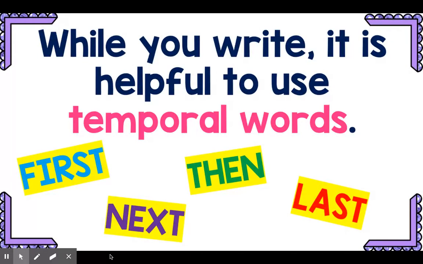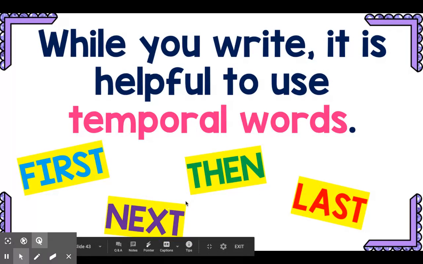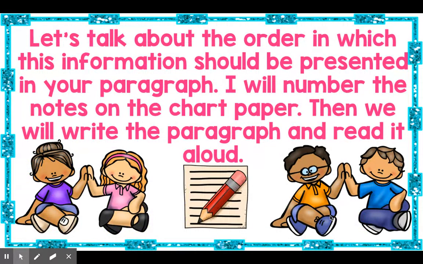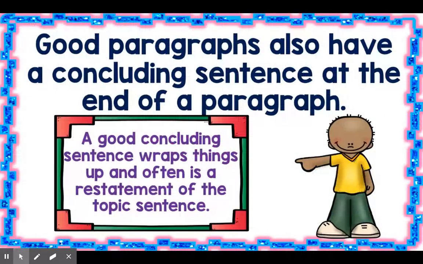I call them transition words: first, next, then, last to help the paragraph flow. Let's talk about the order in which the information should be presented in the paragraph. Good paragraphs also have a concluding sentence at the end of a paragraph. A good concluding sentence wraps things up. I'm going to come back to the slide in a moment.